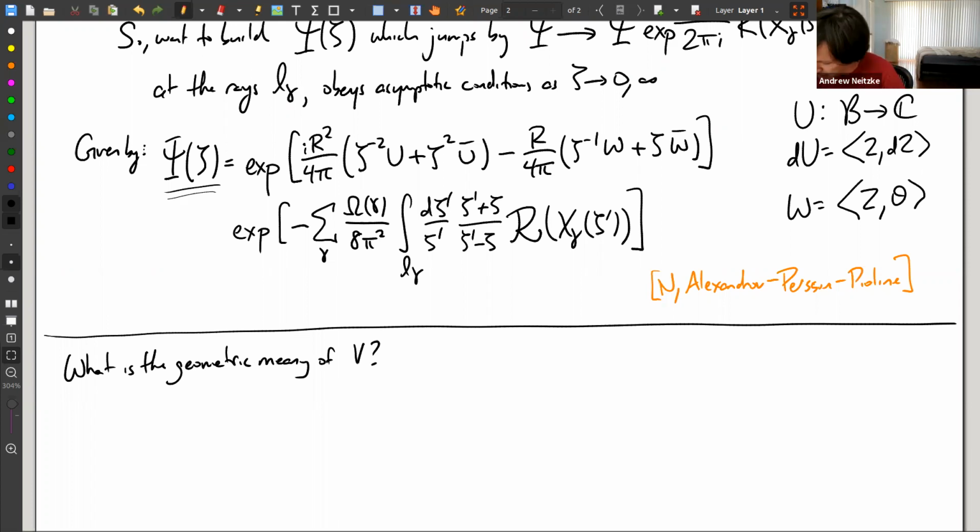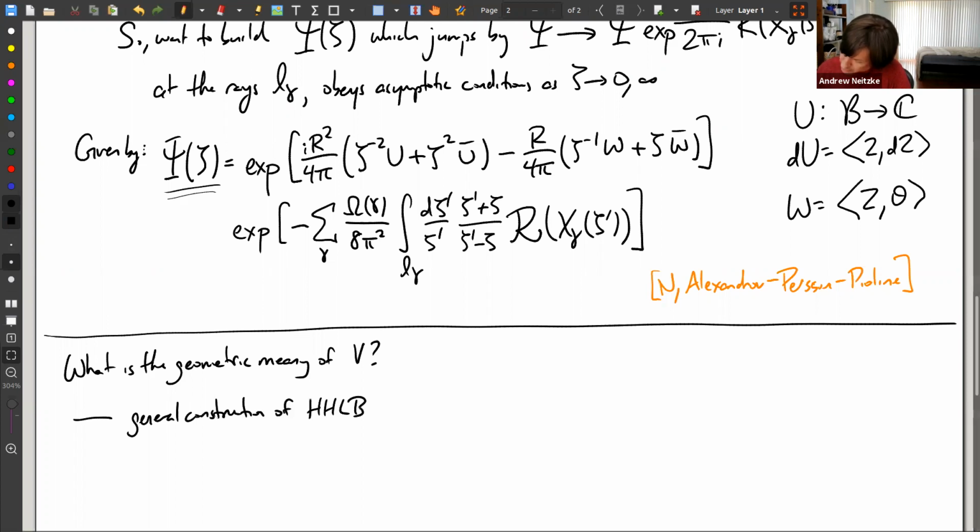Well, I guess, sorry, one thing I should say is there's a general construction of hyperholomorphic line bundles over hyperkähler spaces with a certain kind of U1 symmetry.